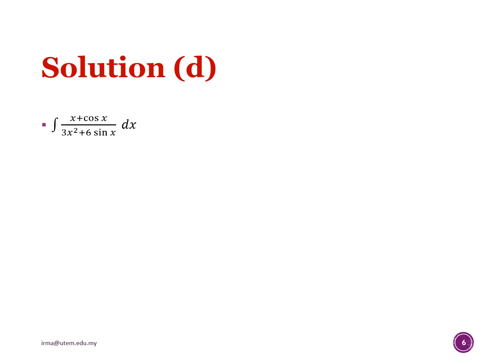So how do we choose u? We have two functions there: one with x plus cos x, and another one is 3x squared plus 6 sine x. Just refer to 3x squared and x, so the highest is 3x squared.